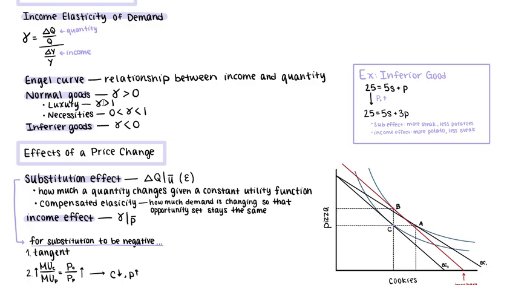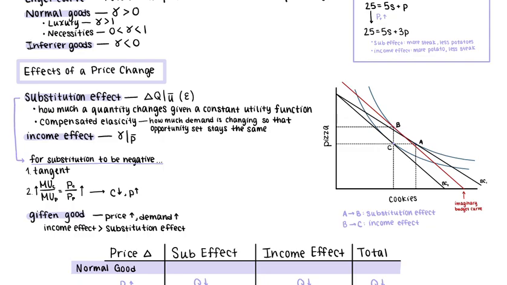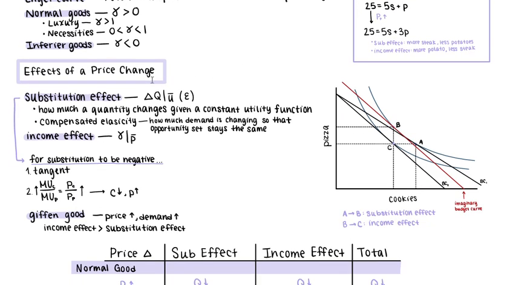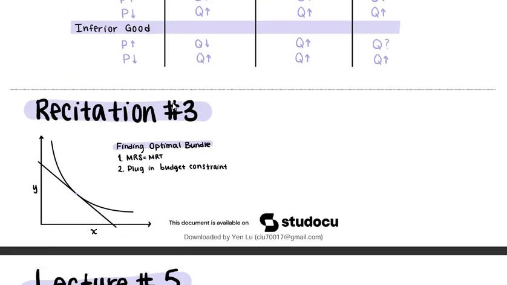On the other hand, if the Engel curve slope is greater than 1, that is a luxury good. As your income increases, you pay a greater portion of your money on luxury. And we have inferior goods, where the Engel curve slope is less than 0. That means today your income increases, you purchase less, like potatoes or something. That's inferior goods.